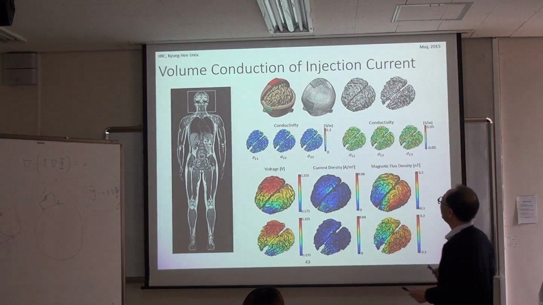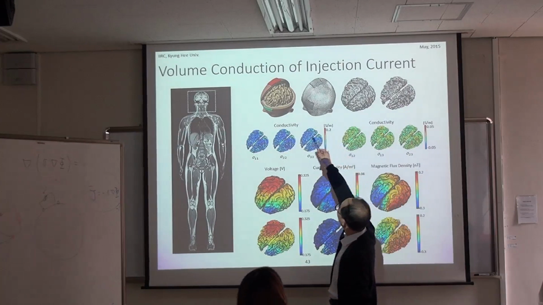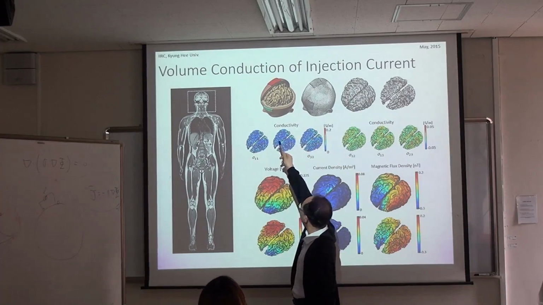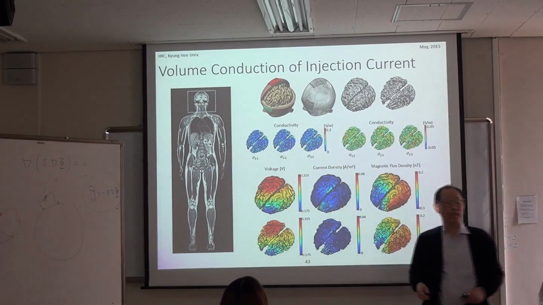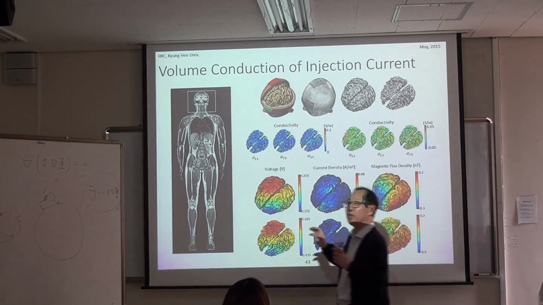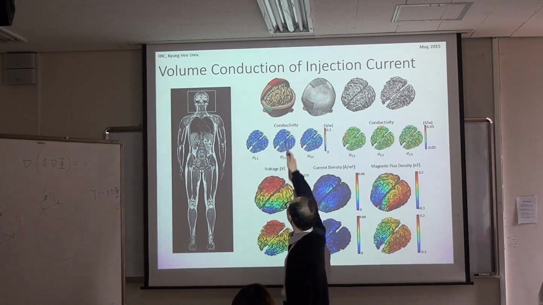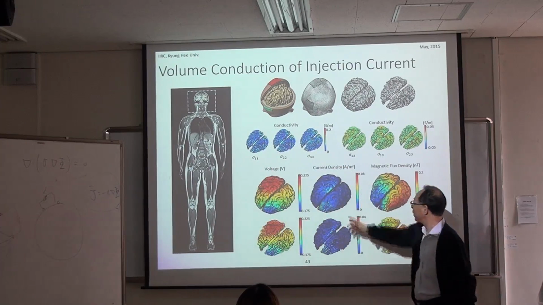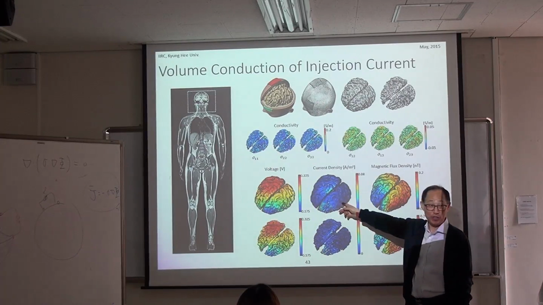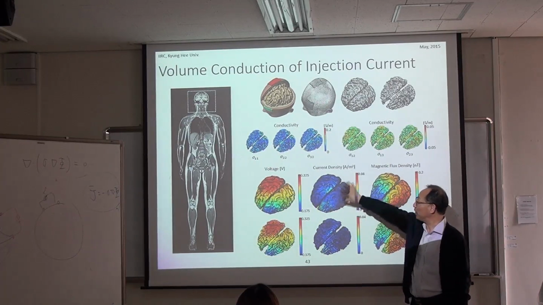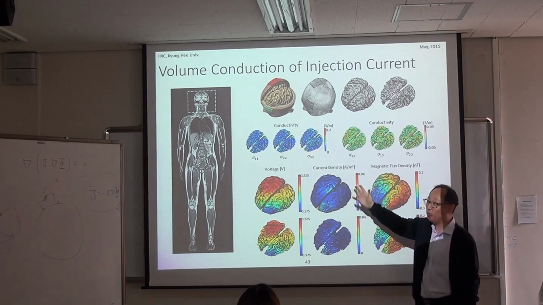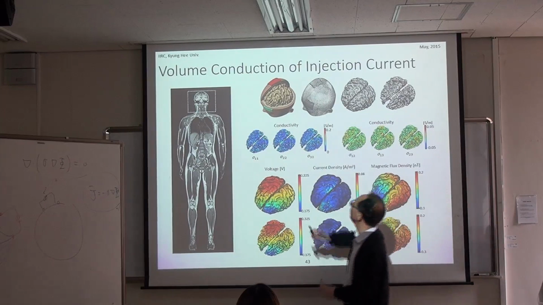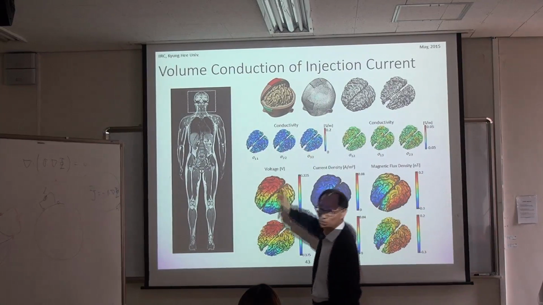So for example, if you attach one electrode over the red one and a green electrode down there, now let's think about measuring voltage between those two electrodes. Then this is the lead field map on the surface of the brain. This is the current density when we inject current from the red electrode to the green electrode.